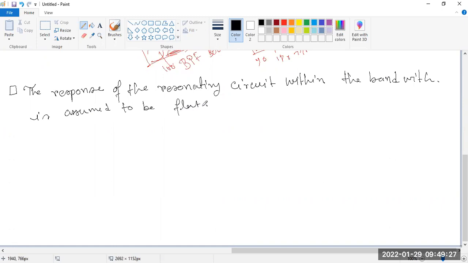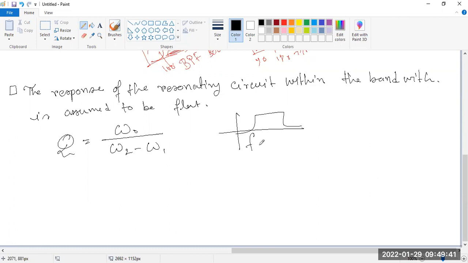And what is the relation? Q equals omega naught by omega 2 minus omega 1, or if this is f1 and this is f2, this is the lower frequency, this is the higher frequency.